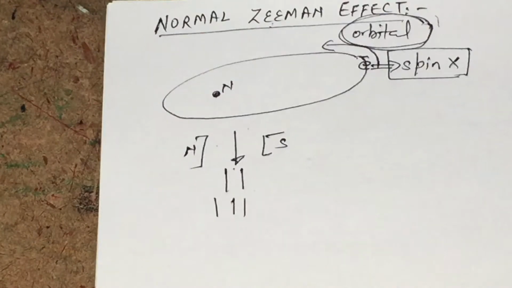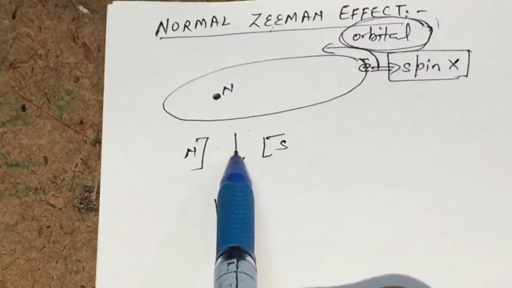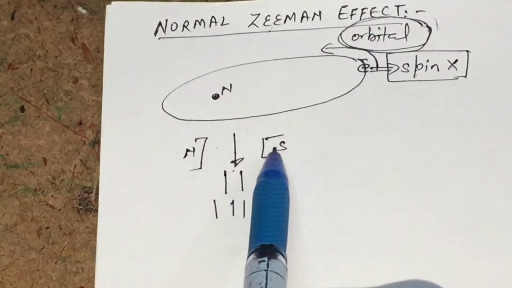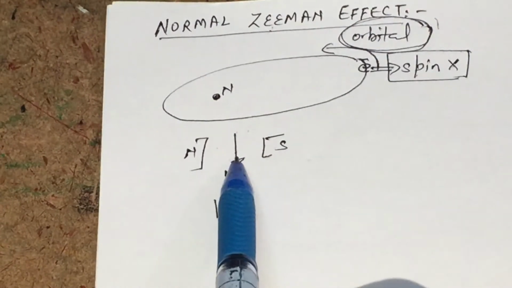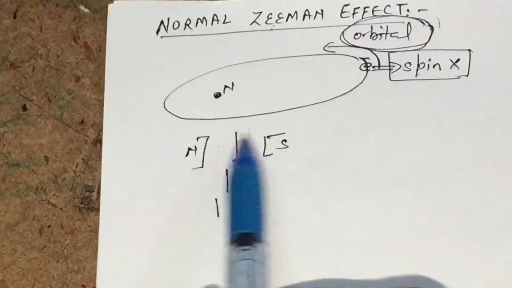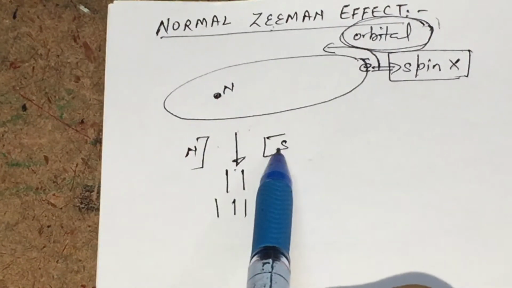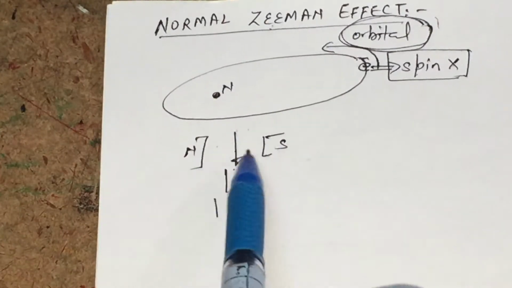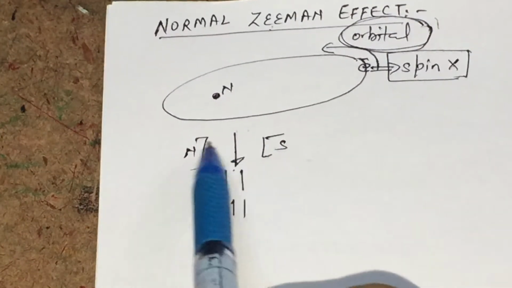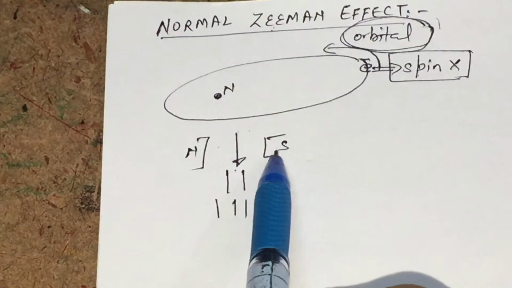It depends whether the spectral line is parallel to the applied magnetic field or whether the direction of the spectral line is perpendicular to the applied magnetic field. Hence, the Zeeman effect is the phenomenon of splitting of a spectral line in the presence of a magnetic field.